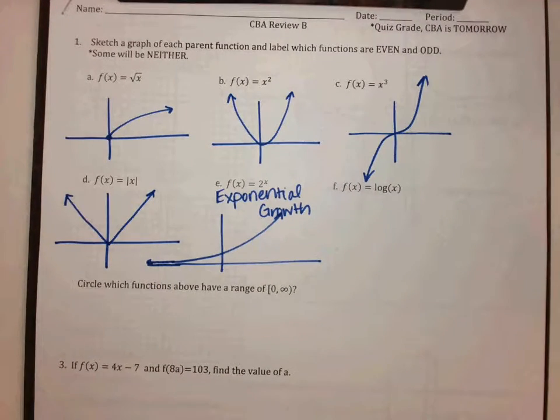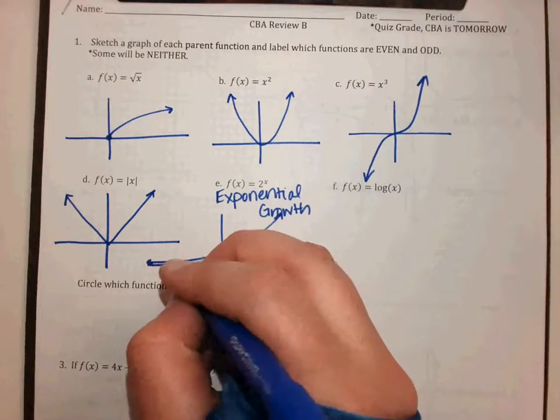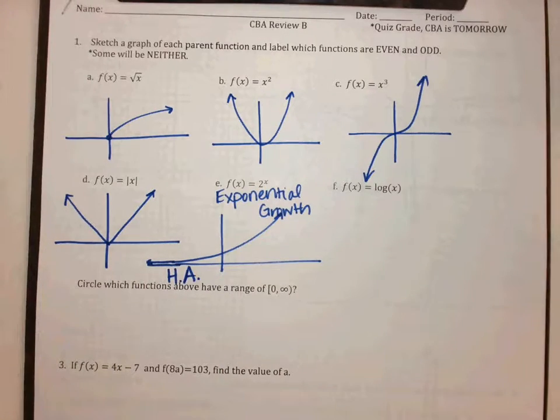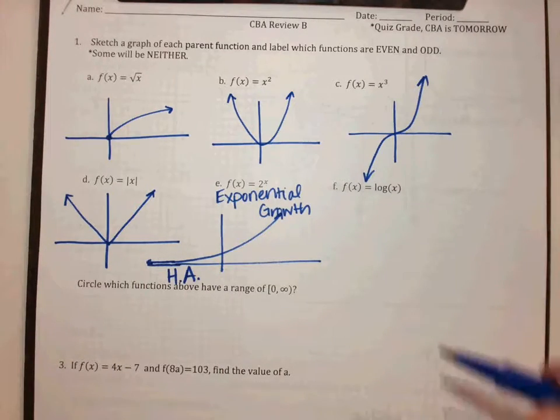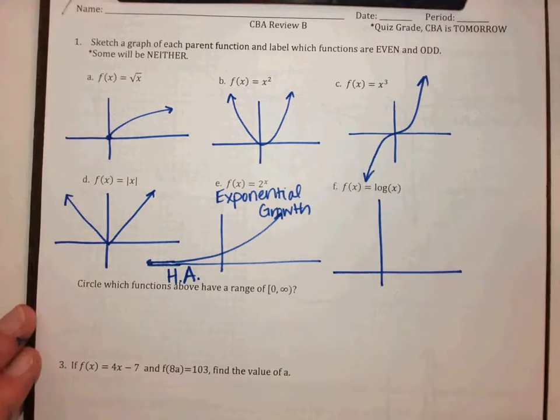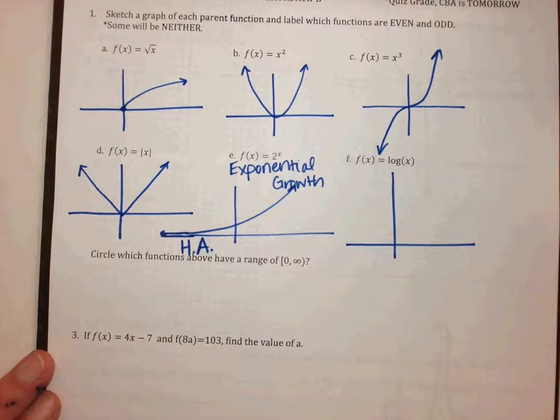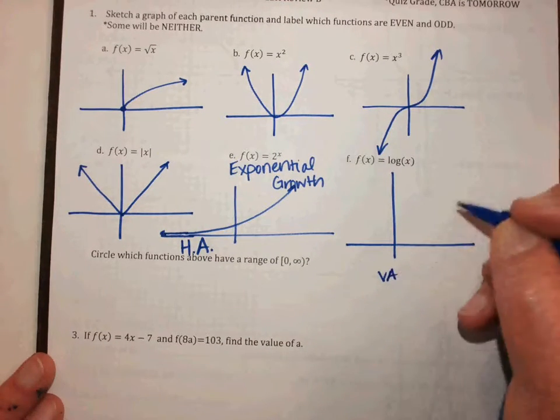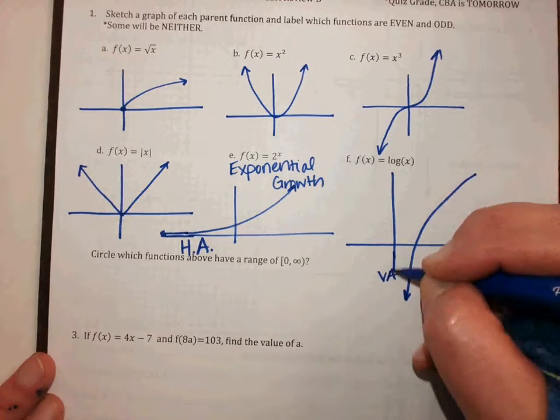What is that called? Horizontal asymptote. Very good. Okay? Now your log graph is the opposite of the exponential graph. So instead of having a horizontal asymptote, your log graph has a vertical asymptote. So it goes like that.